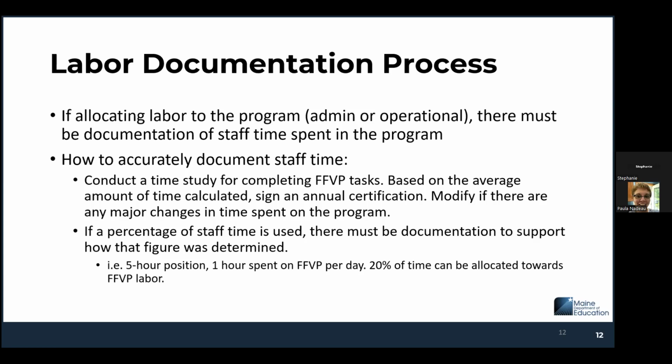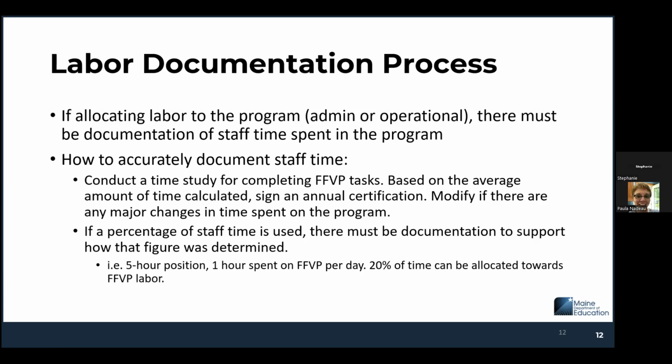So if deciding to allocate labor in the program, there is a documentation process, and this is to make sure that it's done accurately and supports the time that is claimed in the program. There's a couple of different ways to do it.